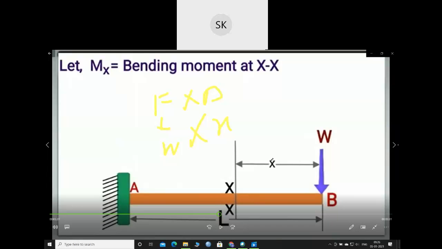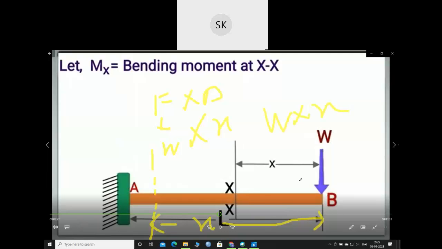This distance x can be anything up to L, right? So my moment will be W into x. If I consider a section here, at a distance of x meters from the free end, again my moment will be the same, W into x. Understood? Force into distance.